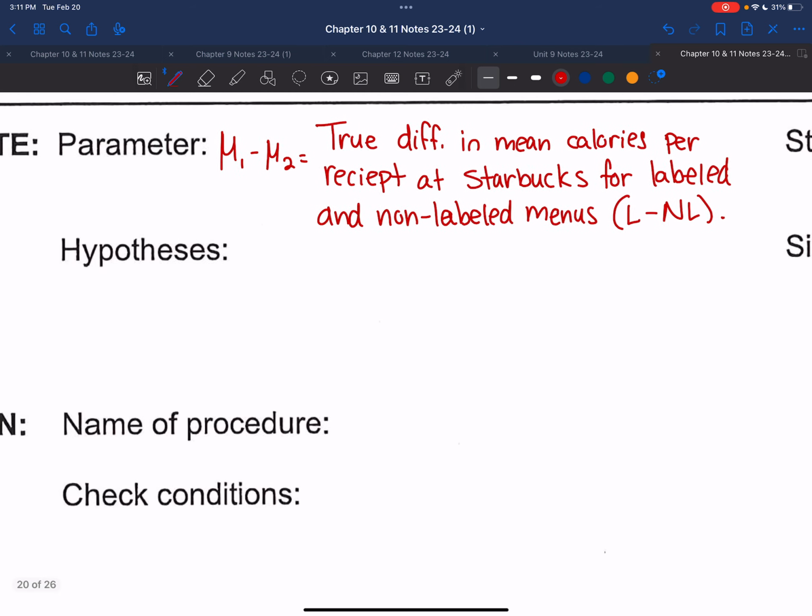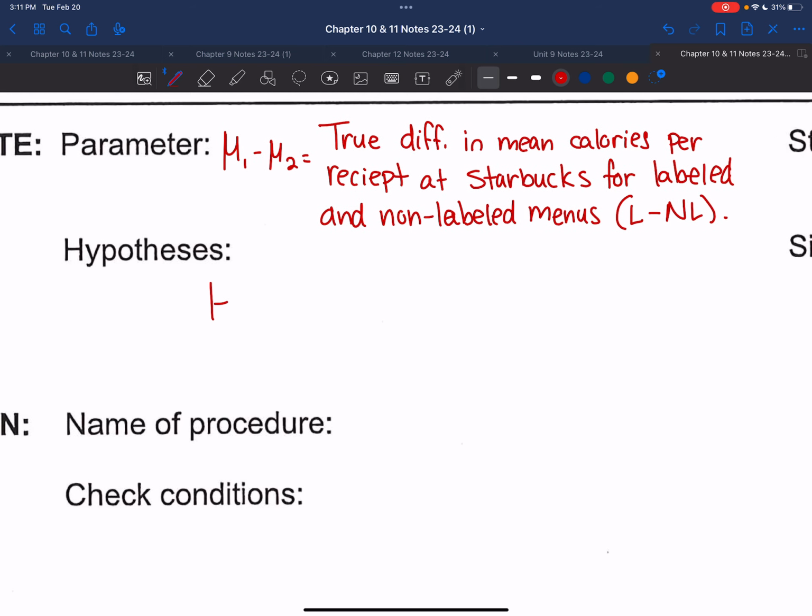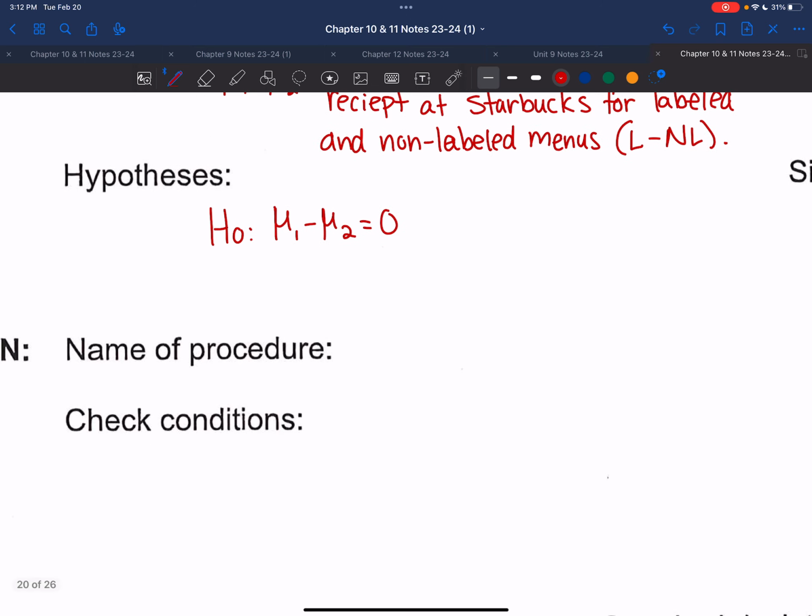Okay, so showing direction. For my hypotheses, my null, I'm going to assume that there is no difference between them. So mu1 minus mu2 equals 0. For the alternative, I'm going to assume that the number of calories consumed is going to be less for those with labeled menus, right?